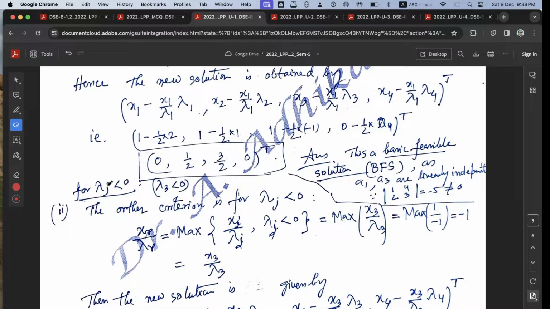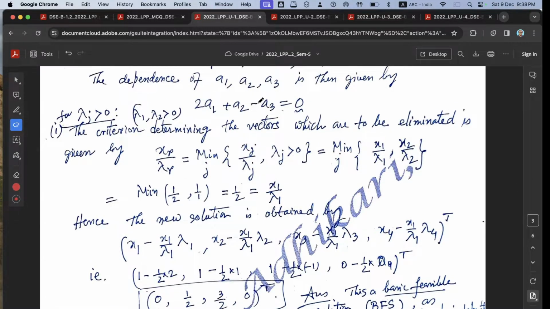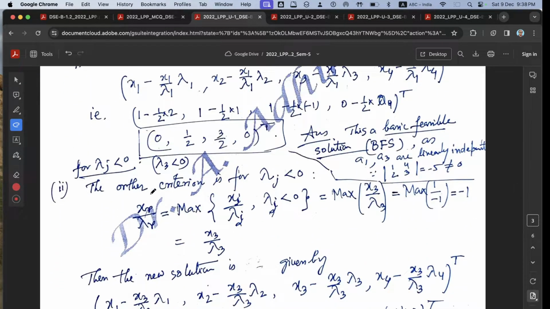For lambda j negative, that is lambda 3 negative, which is minus 1, the other criterion is xr by lambda r equal to the maximum of xj by lambda j over negative lambda j, that is the maximum of x3 by lambda 3, which is minus 1.